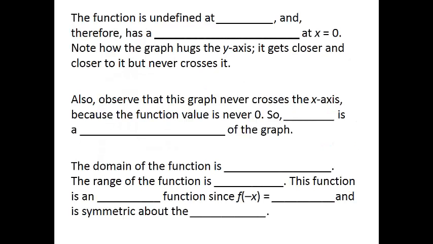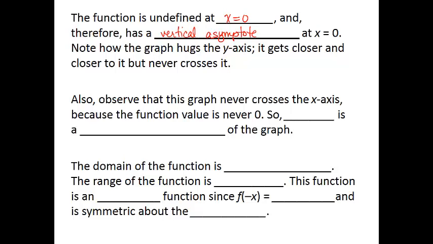The function is undefined at x equals 0 and therefore has a vertical asymptote. So that vertical asymptote is a vertical line that the graph cannot cross. But the interesting thing is, as we get closer and closer to it, the y values would go off to either positive or negative infinity. So note how the graph hugs the y-axis.